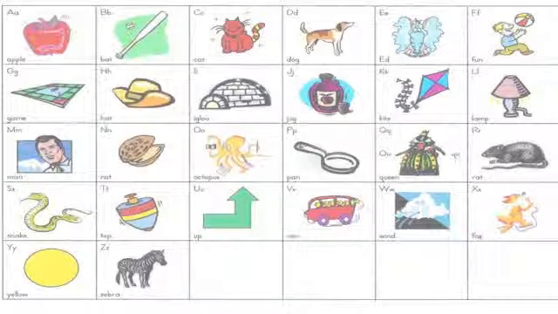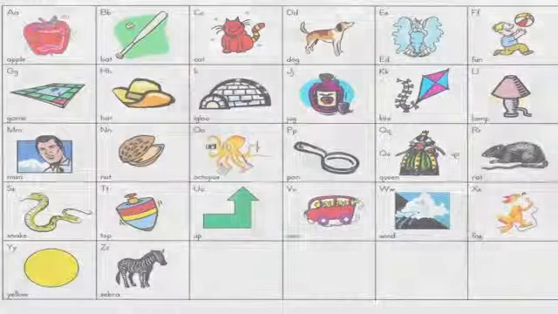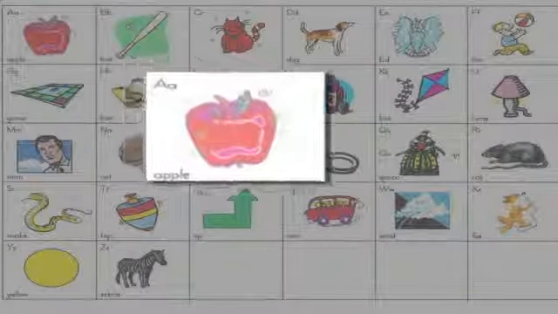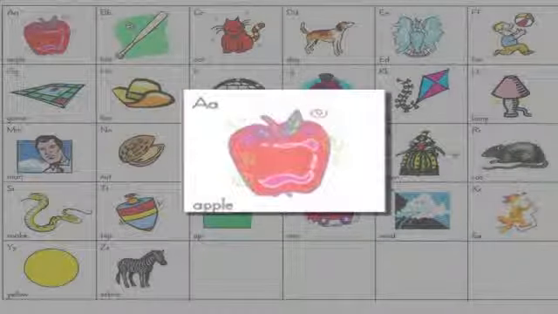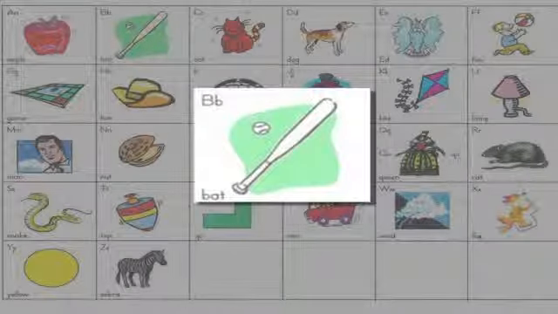Here we have an example which shows the various letters and words, and their corresponding sounds. Let's go through this alphabet chart together. It goes through all the letters from A to Z. To begin, we have the letter A, or the A sound, as in apple. The letter B, or the B sound, as in bat.